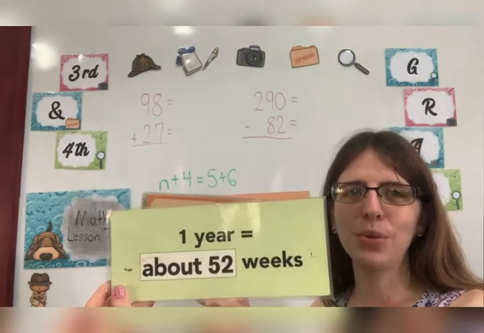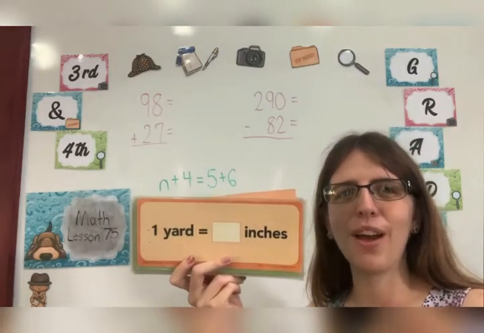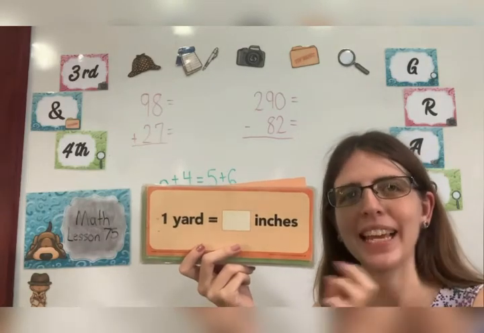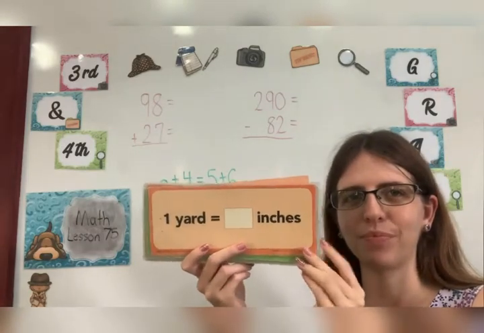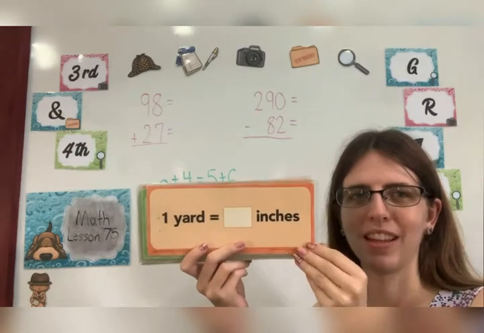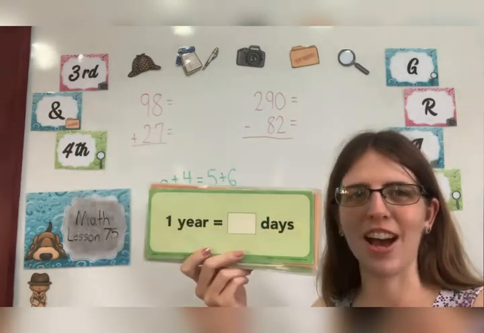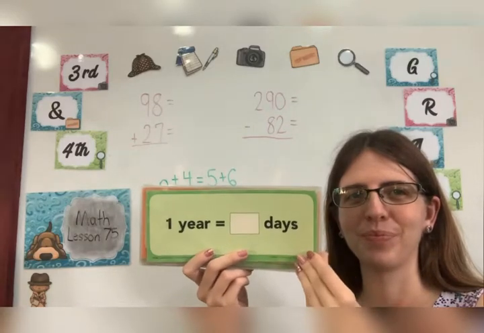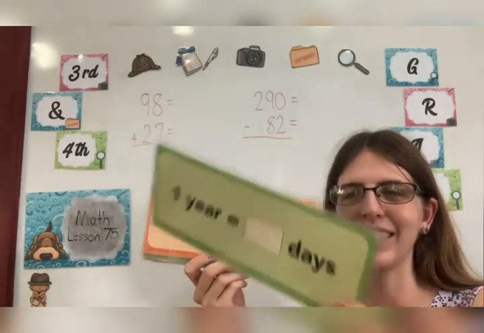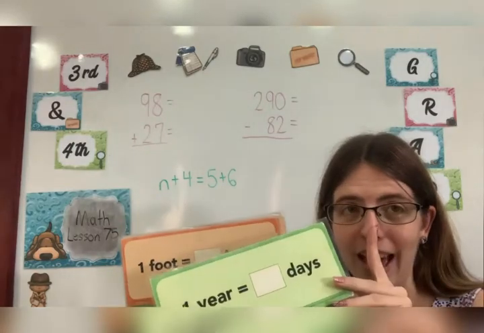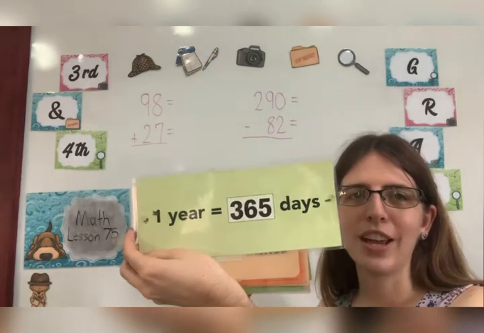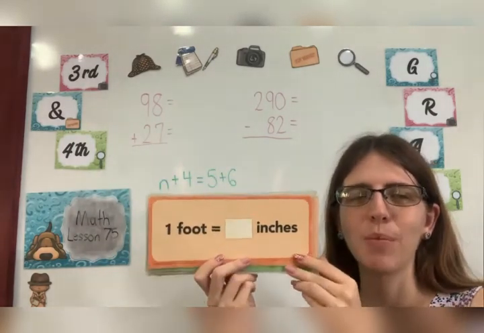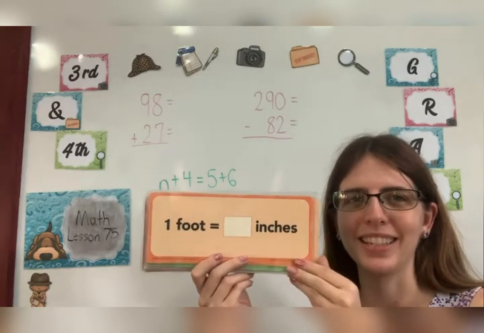About 52. 1 yard equals how many inches? 36. Nice job. 1 year equals how many days? 365. Whoops, I got ahead of myself. 365. 1 foot equals how many inches?